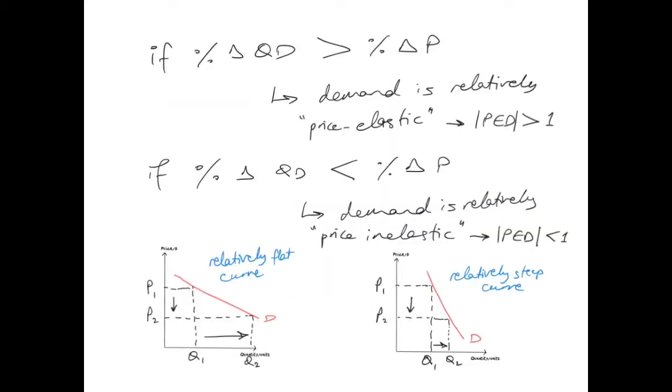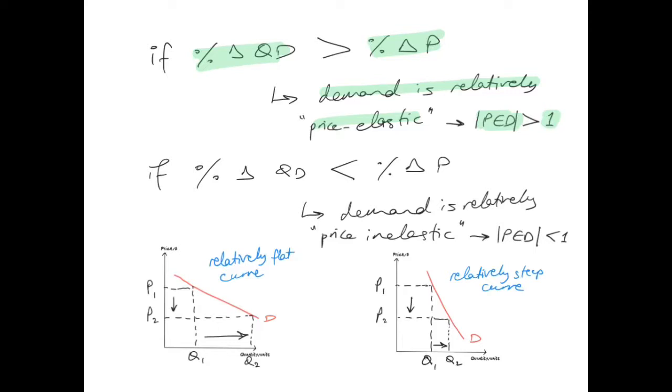So the two very general cases: if the percentage change in quantity demanded is greater than the percentage change in price, we say that demand is relatively price elastic. And when you calculate it, the absolute value of PED, I'm talking about the absolute value, so ignore the negative sign, will be greater than 1.